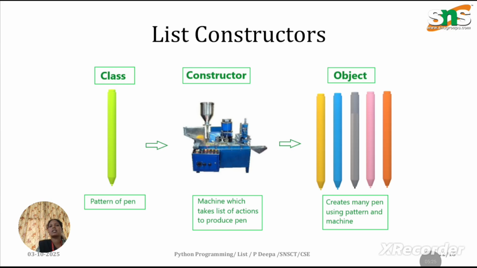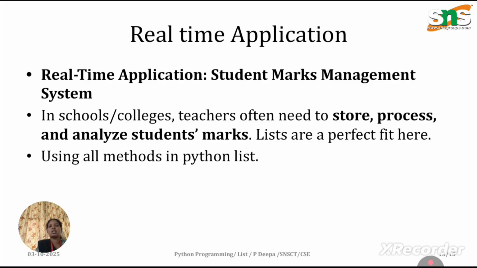The list constructor follows a pattern for how values are built. A constructor works together with the class, and the object gives lots of work and lots of output, so the list can be used with the constructor.